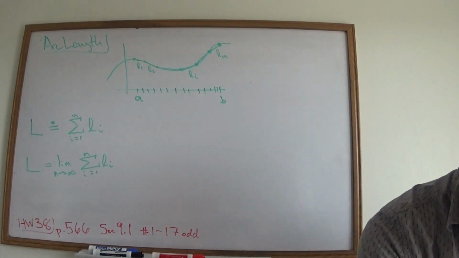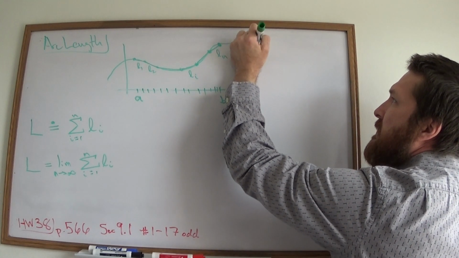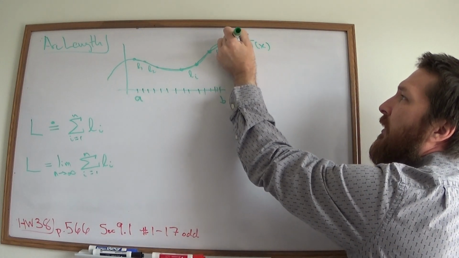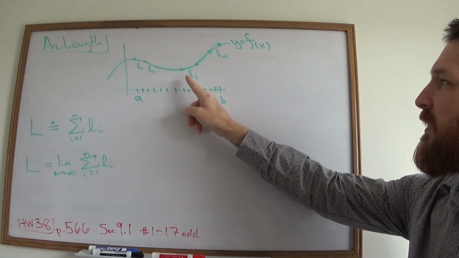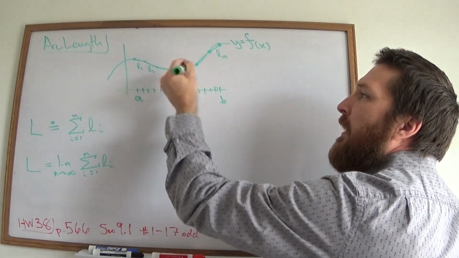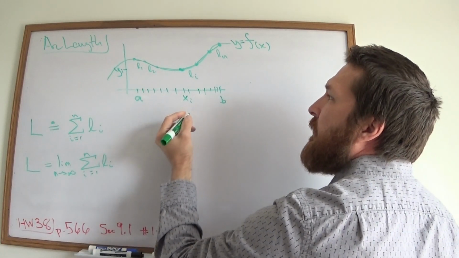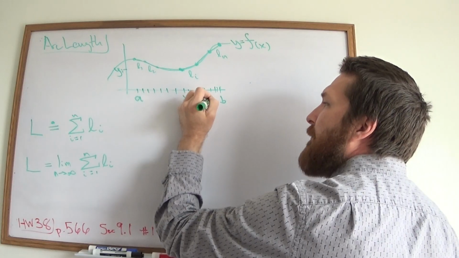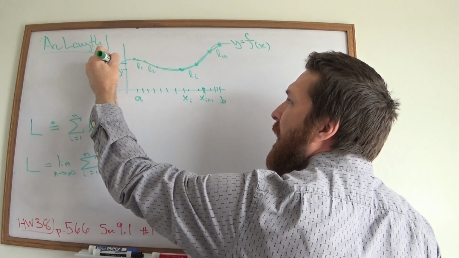Let's say that this function here is f of x, and just to make notation simple, I'm going to call it y. The y's are my outputs. So when I'm here at x sub i, I get out some y sub i. When I'm at x sub i plus 1, I get out some y sub i plus 1.